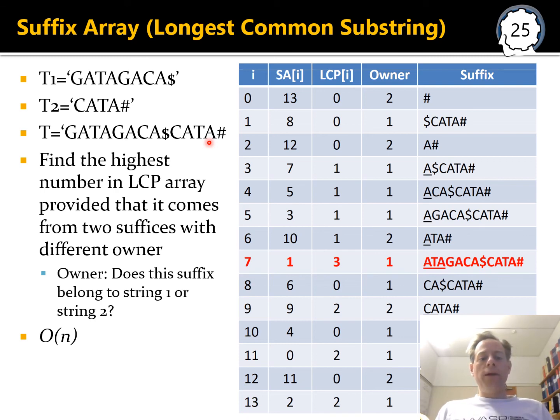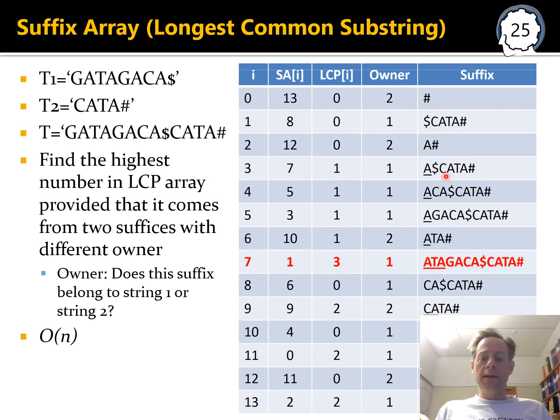And again, we compute the longest common prefix between each pair of elements in the array, but with one difference: we keep track of which string we are currently in. We want to find the longest common prefix between 2 different strings, in this case strings 1 and 2.